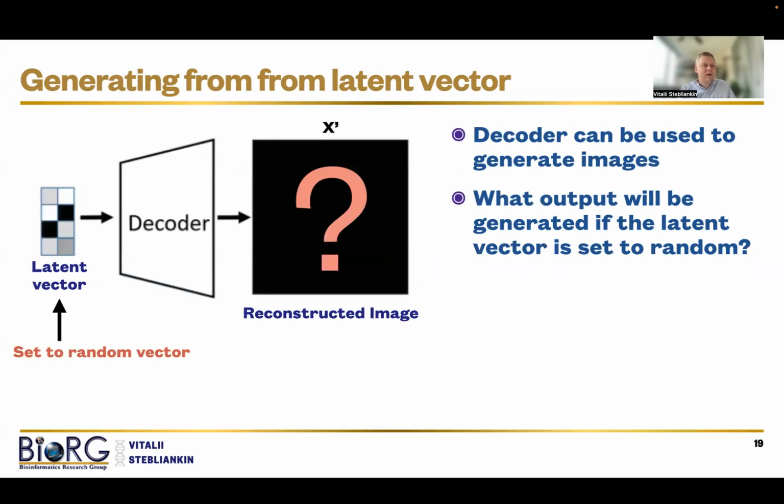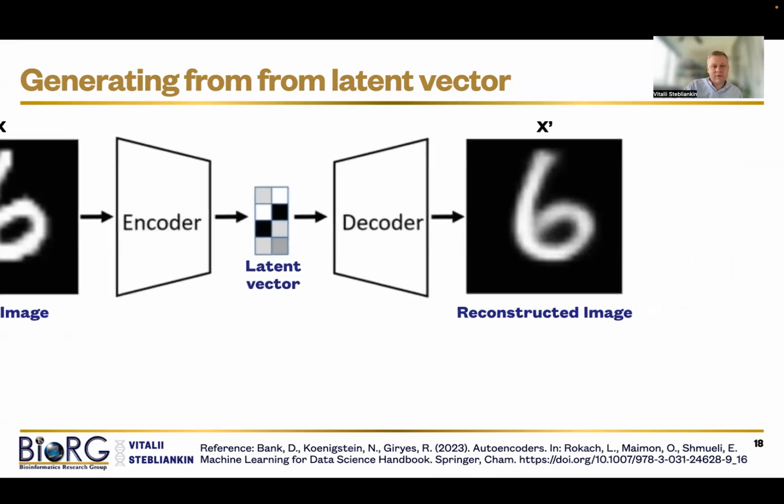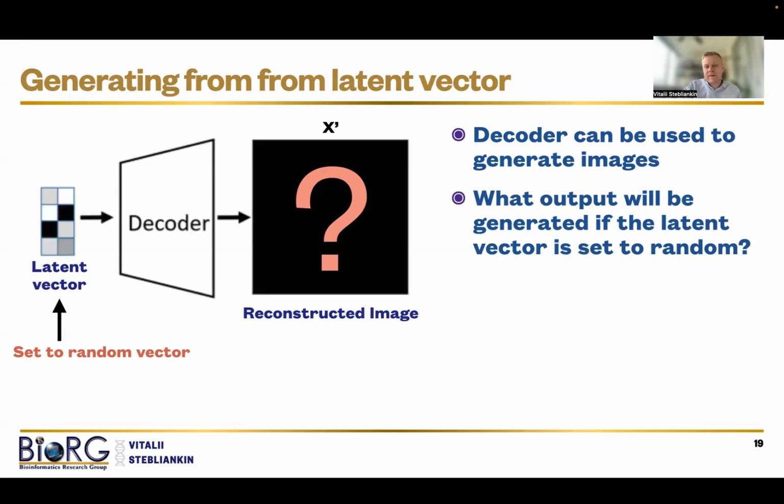We don't know. Probably not, right? If you just create a random latent vector, then it's probably going to be just noise. The reason why we were able to reconstruct the image is because we gave as input the right image. If we just set it to random, I doubt that it is going to be something meaningful. So autoencoders are not useful for generation, but can we change the training settings in a way that it would?